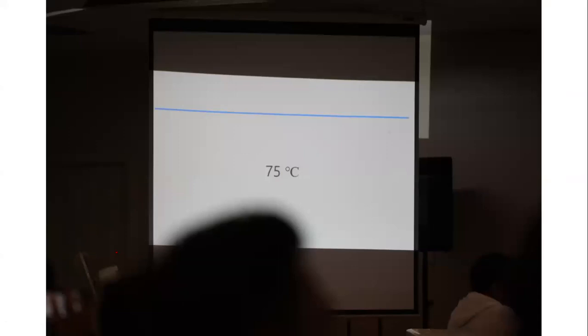Subukan natin isang equation lang. Medyo challenging nga lang pindutin sa calculator, no? Pero subukan natin isang equation lang.